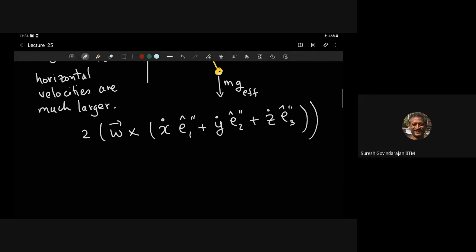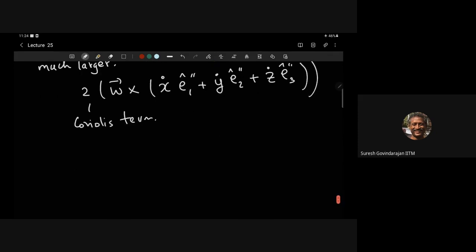So we can just go ahead and evaluate this. Okay. So let me just write some equations and then, okay, so let's do this. So this would be the Coriolis term. Okay, so balancing forces. So what we will get is T divided by m plus g effective should be equal to the acceleration in this setup.